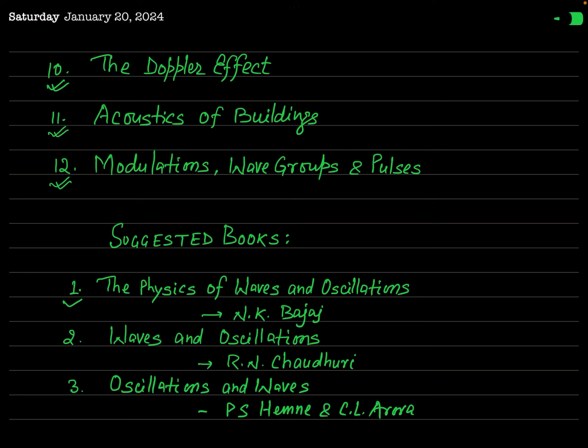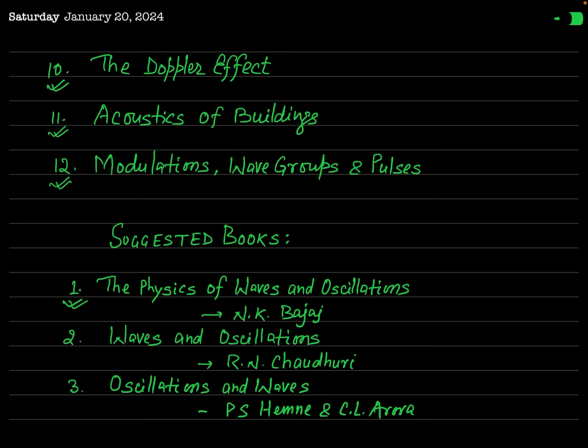If you consult this book you will see that this is a very detailed book on this subject, and every aspect has been discussed in very detail from a very lower level to a very higher level. So I will suggest you must consult this book by N.K. Bajaj named The Physics of Waves and Oscillations. I appreciate this book very much.